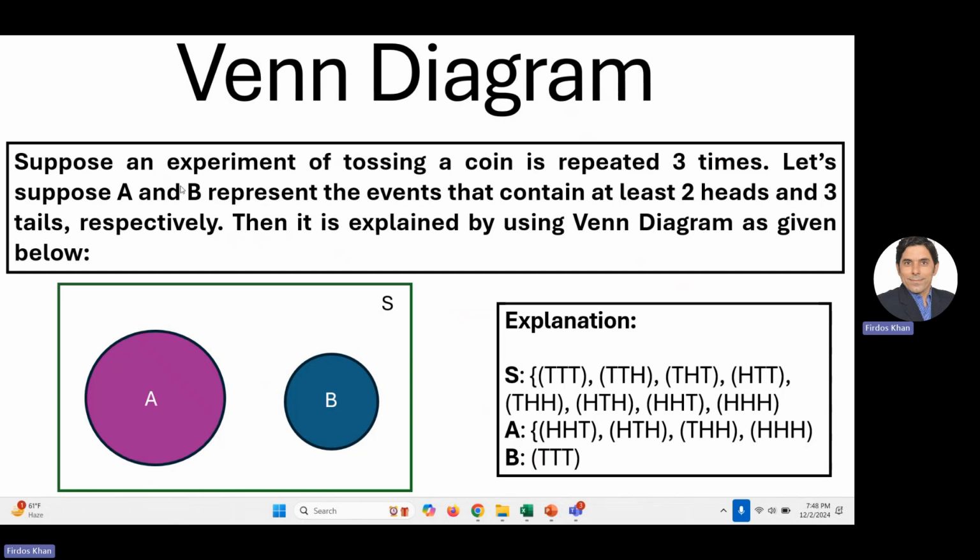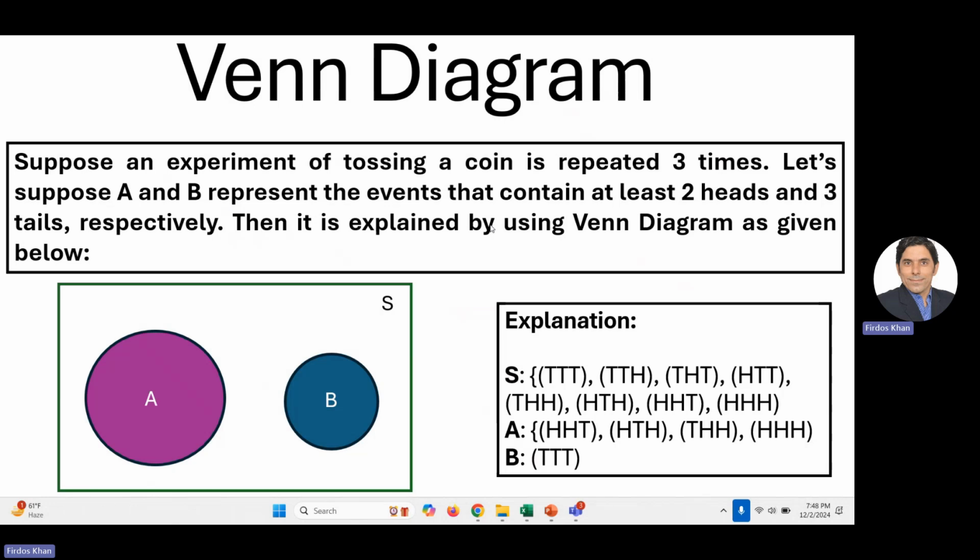Let's suppose events A and B represent the events that contain at least 2 heads and 3 tails respectively. So what does this statement mean? This statement means that A is an event which has at least 2 heads and B is an event which has 3 tails.